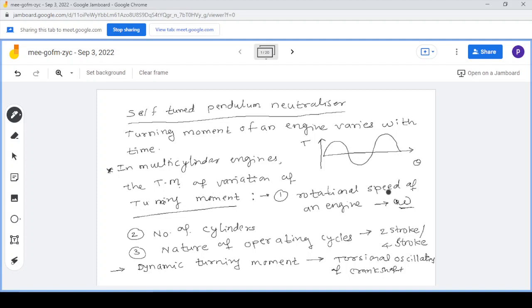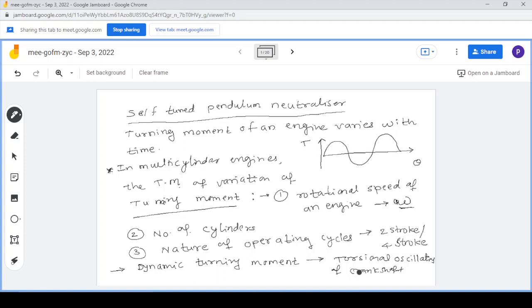The first is the rotational speed of the engine, that is omega. Second is the number of cylinders, that is 1, 2, 4, 6, 8, 16, and so on, depending upon the torque or the brake horsepower you require. And the third is the nature of the operating cycle, which could be either two-stroke or four-stroke. So this dynamic turning moment gives rise to the torsional oscillations of the crankshaft.